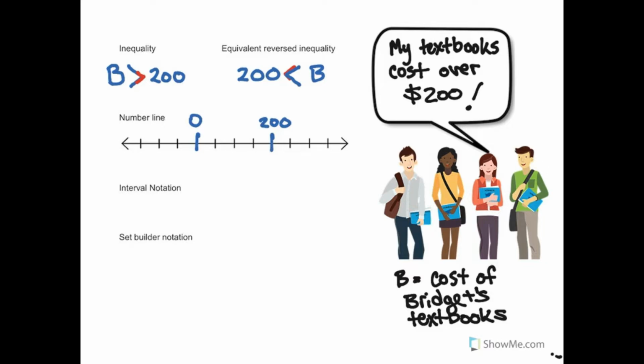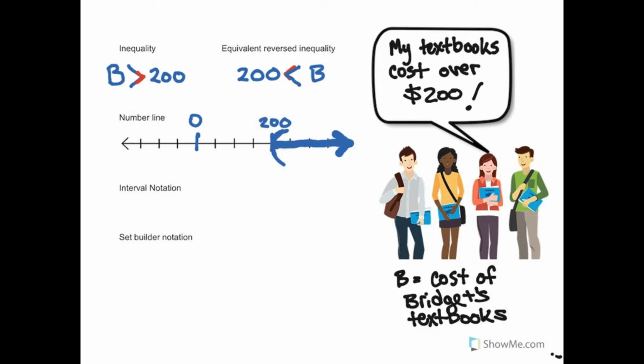On the number line, we want to shade the numbers that make the inequality true. Those are numbers over 200, all the way to infinity. Since B is strictly greater than 200, 200 is not included in this interval, and we show that with an open parenthesis.